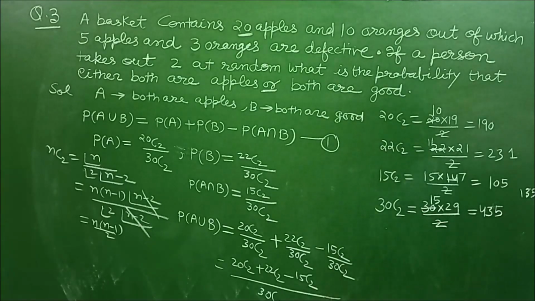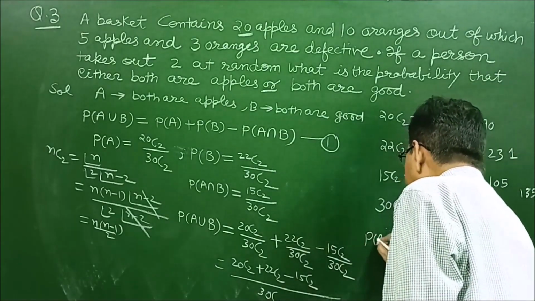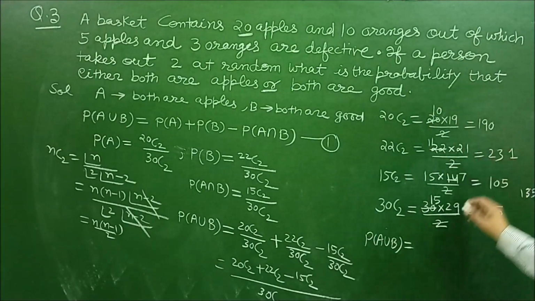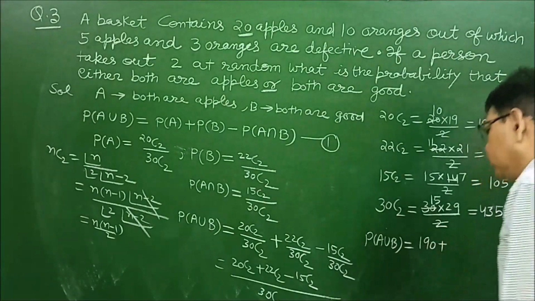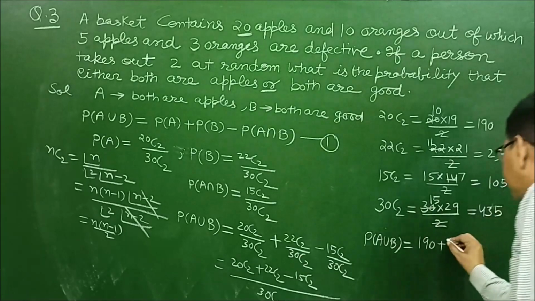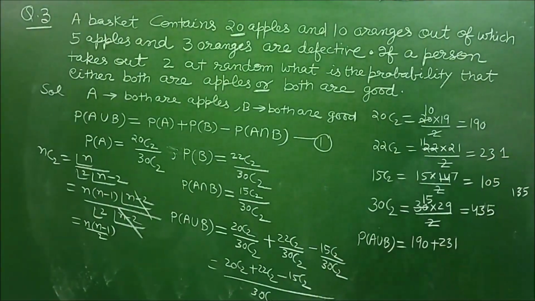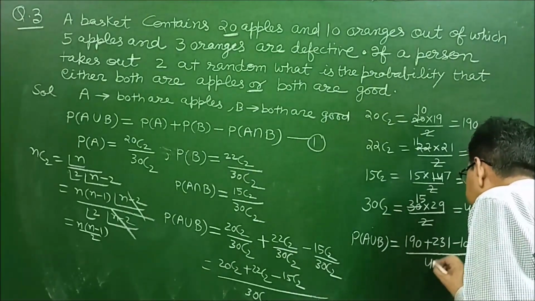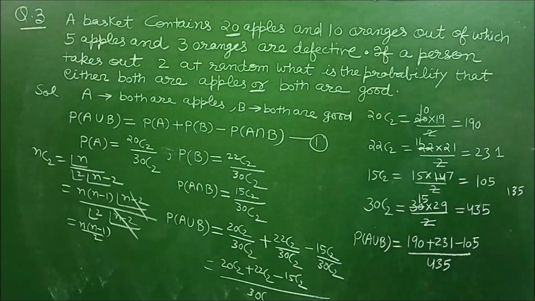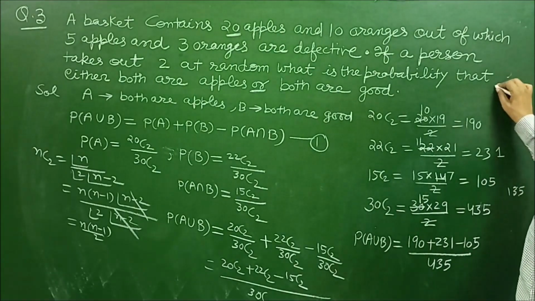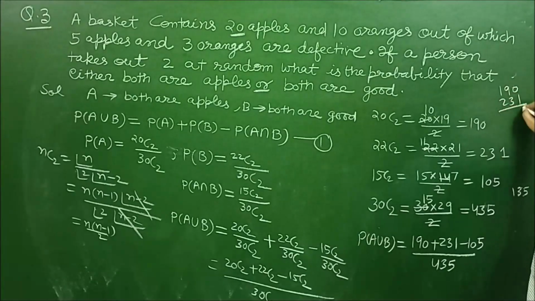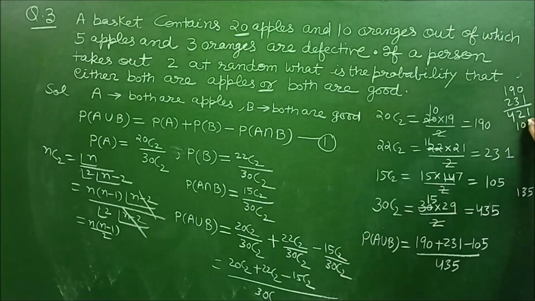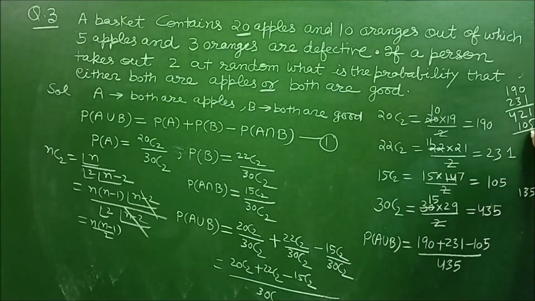Putting all these values, we get probability of A union B is equal to 22C2 is 190 plus 22C2 is 231 minus 15C2 is 105, upon 435. 190 and 231 is 421, minus 105 is 316.